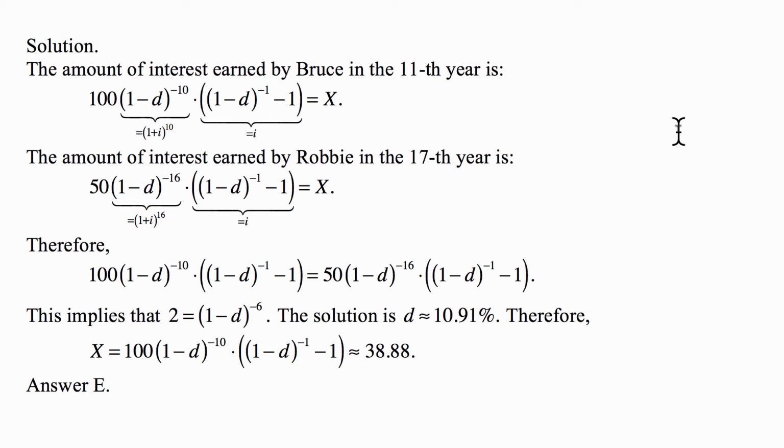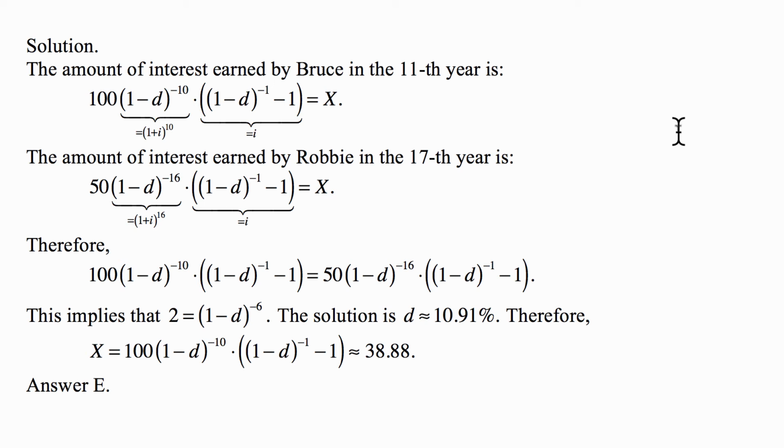And that means that 2 to the negative 1/6 is equal to 1 minus d, so that 1 minus 2 to the negative 1/6 is equal to d, and we get from that d to be approximately 10.91%.